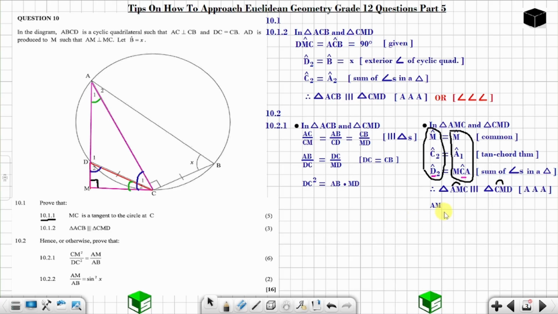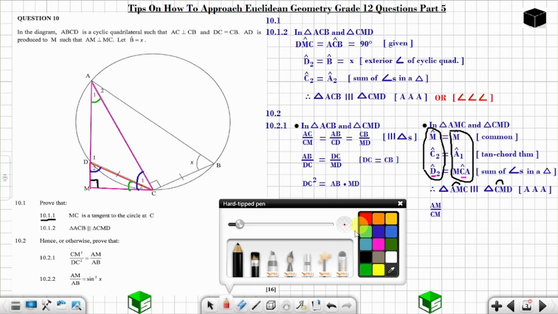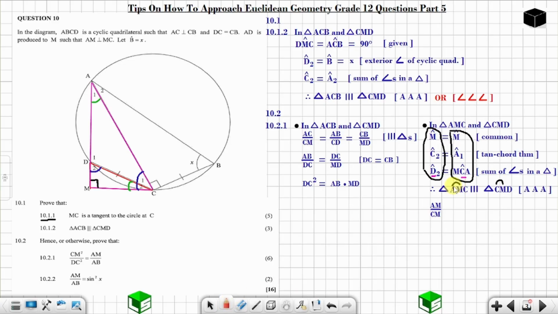So AM over CM, and you have first and third letter in this triangle over first and third letter in another triangle.